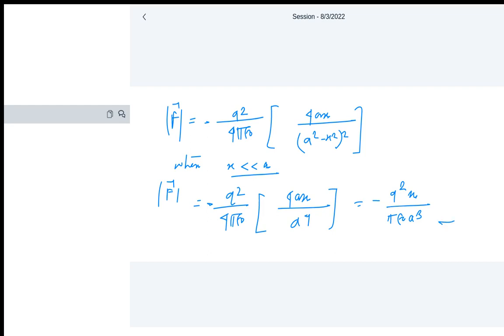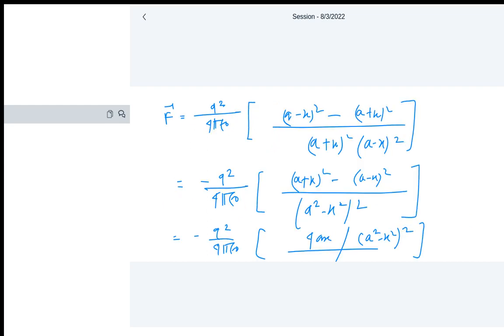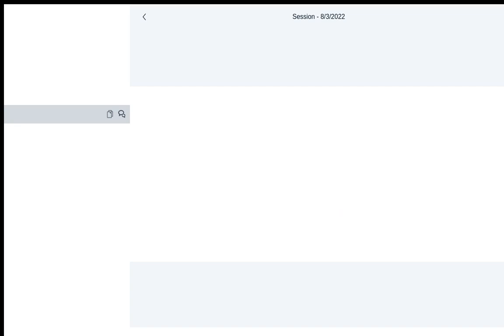Okay, so this is equation 2. Now comparing equation 1 and 2: equation 1 is that the resulting force equals minus kx. This is equation 1.